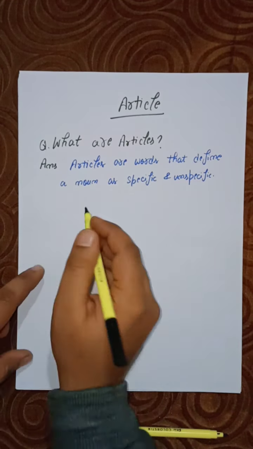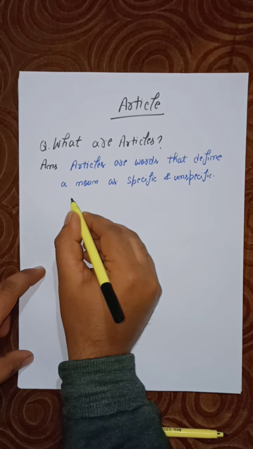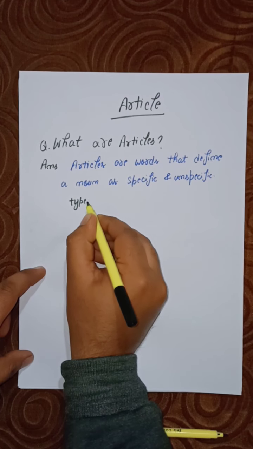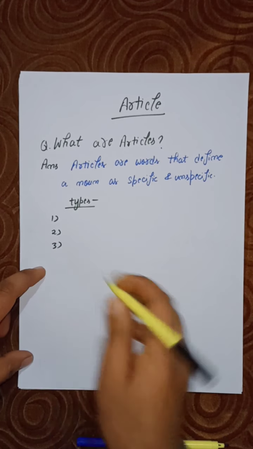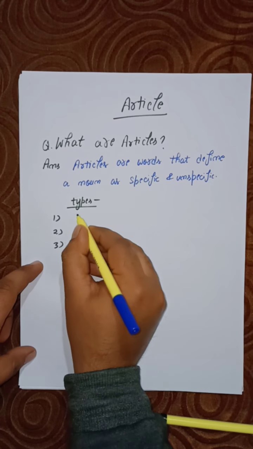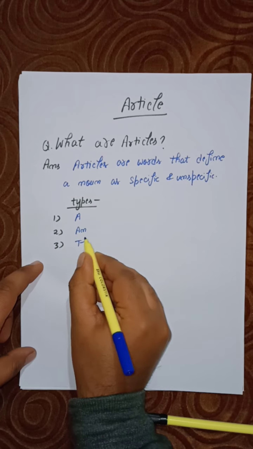There are three types of articles. First is a, second is an, and third is the.